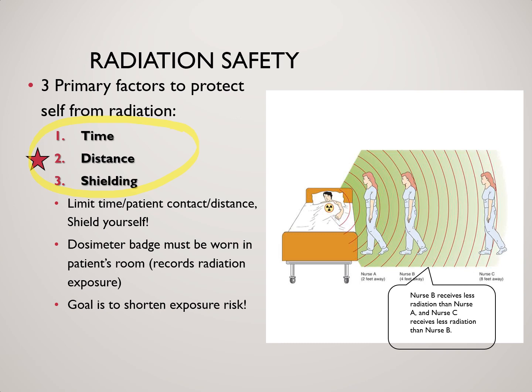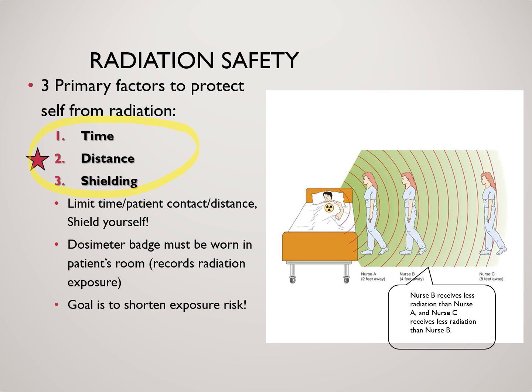In the picture on the slide, Nurse A is receiving the most radiation exposure, whereas Nurse B is receiving less radiation than Nurse A, and Nurse C receives less radiation than Nurse B.